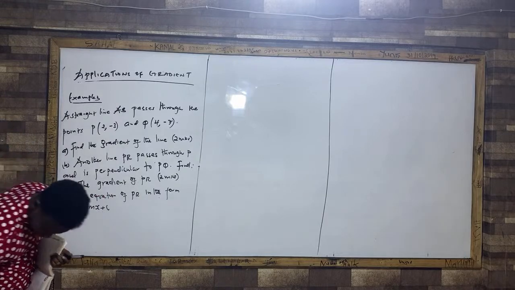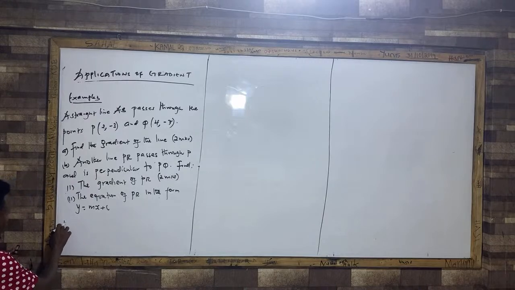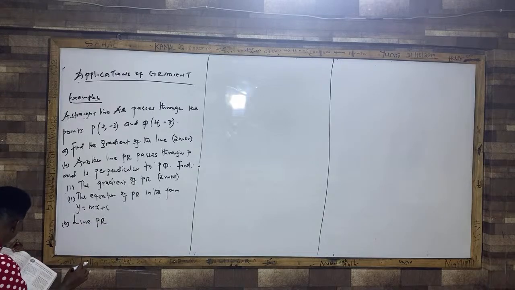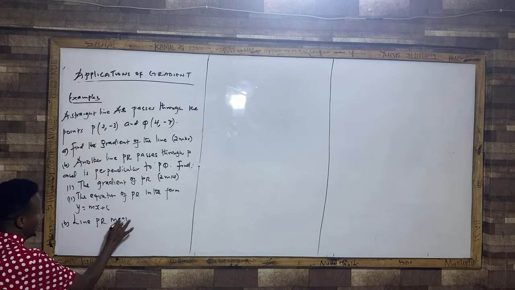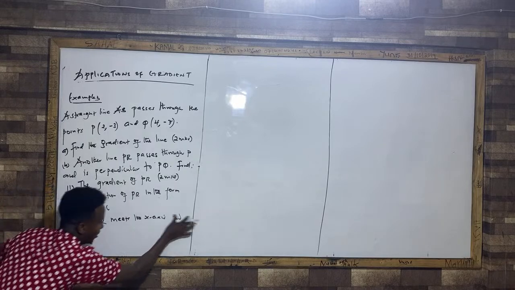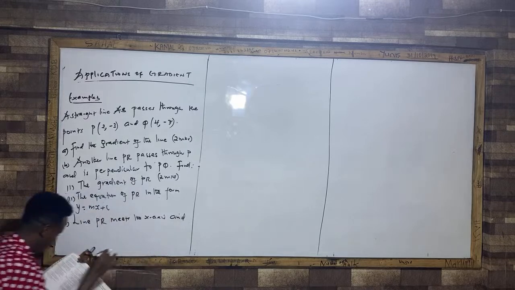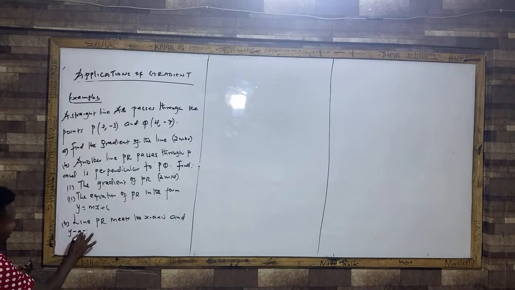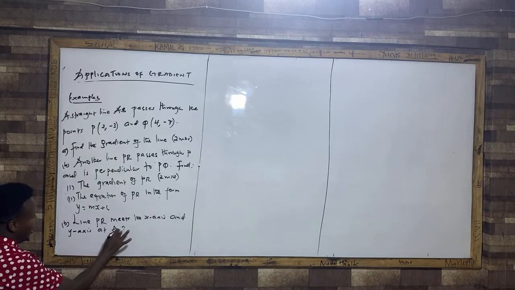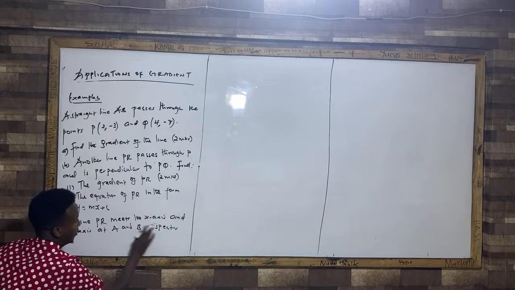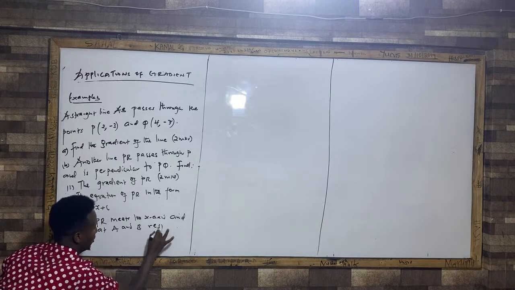Then the last question here, look at this last question. You are told line BR meets the x-axis and y-axis at A and B capital respectively.